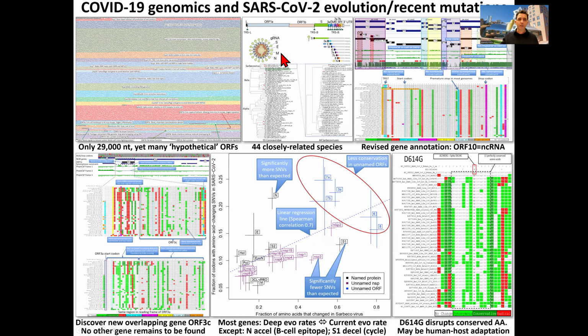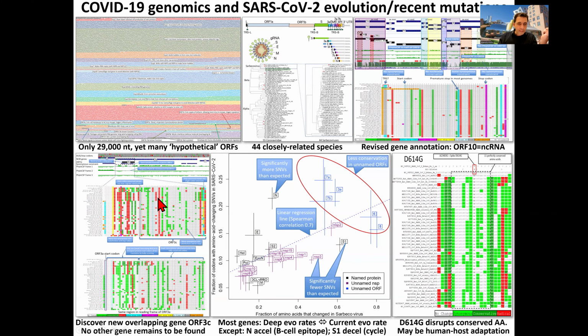And we also did this for the COVID-19 SARS-CoV-2 genome. And what we found is that from the 29 hypothetical ORFs, 28 of them are extraordinarily well conserved, but one of them, ORF10, shows absolutely no protein-like constraint, suggesting, in fact, it is a non-coding RNA.